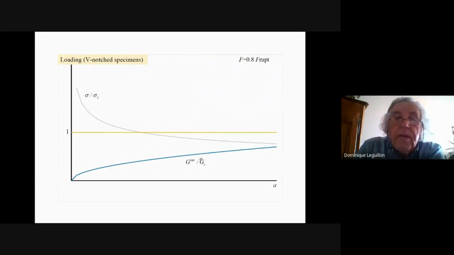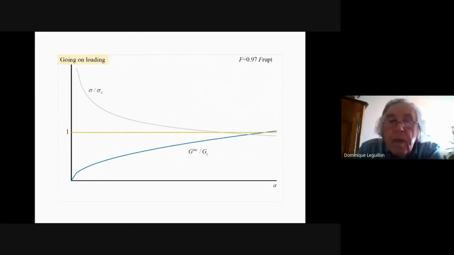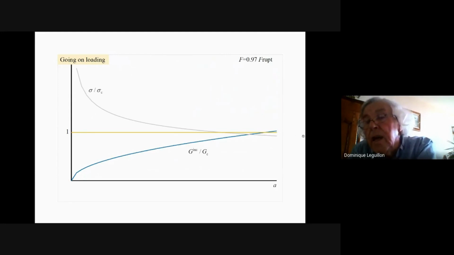So we can increase the load, and at 97%, we get this result. You see now that the stress condition is fulfilled from 0 to this point. All these points, sigma is larger than sigma c, and the energy condition is fulfilled only from here and other lengths on the right of the figure.